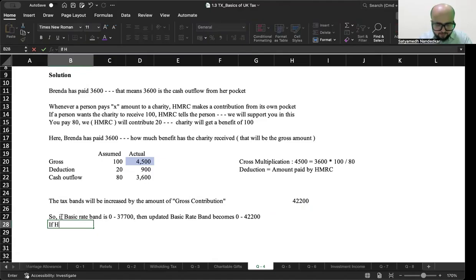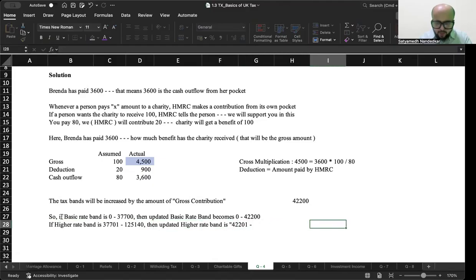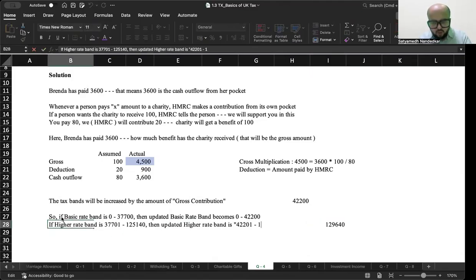And if the higher rate band is 37,701 to 125,140, then the updated higher rate band is 42,201 to 125,140 plus 4,500, which is 129,640.